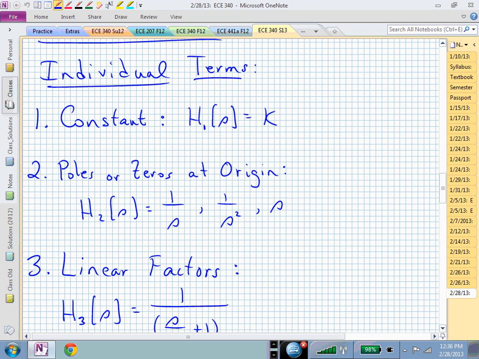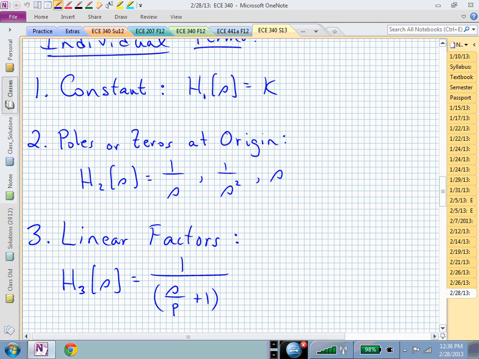And then we had a zero factor, meaning you would have something like this quantity S over Z plus 1 upstairs. That's our zero factor, and in the example, the Z was 10. That's where our zero was located.